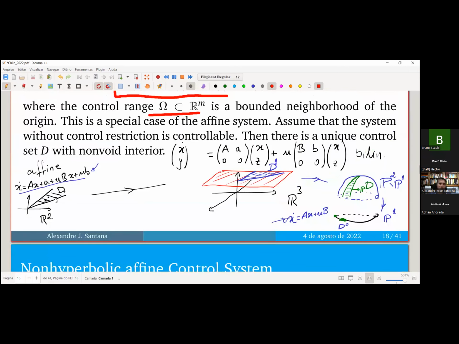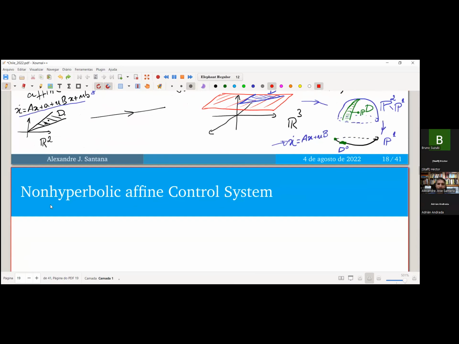Because note that it is not possible to think in this context if the control set D is bounded, because it does not make sense to study the boundary at infinity of a bounded subset.